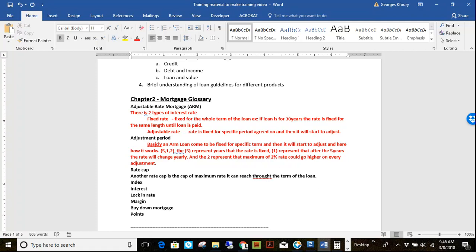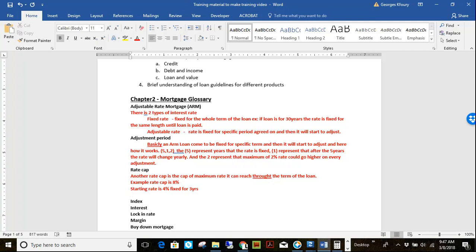So let's say, as an example, the rate cap is 8% and the starting rate is 4% when they got the loan, fixed for 3 years. After 3 years, rates have gone up, and they have a yearly cap of 2%.